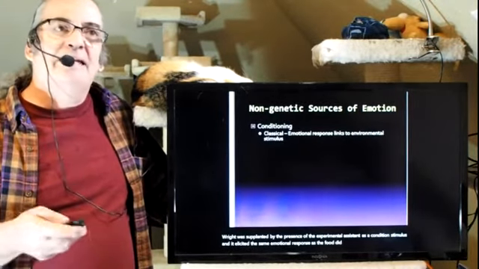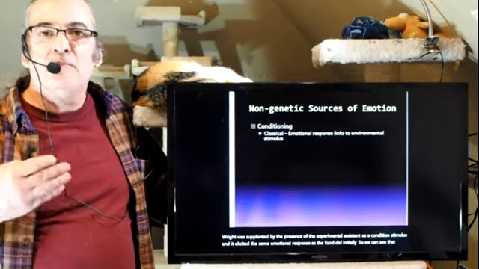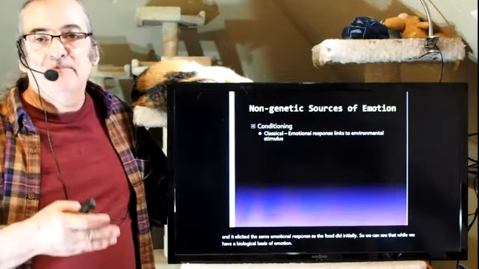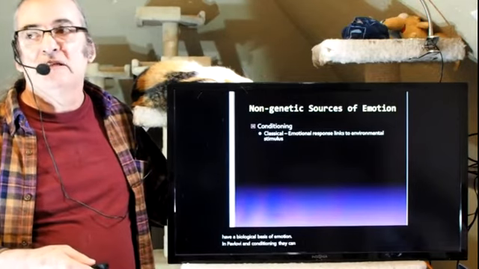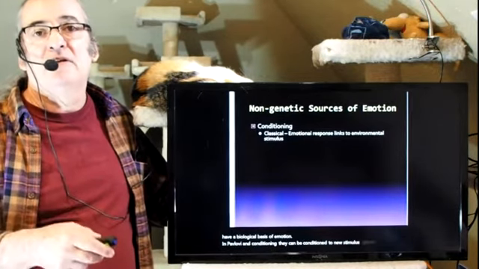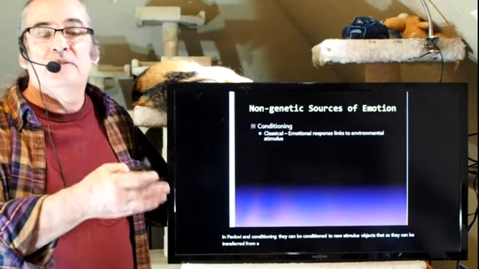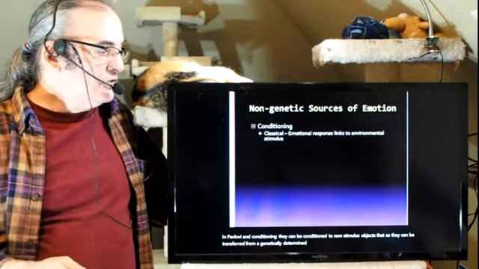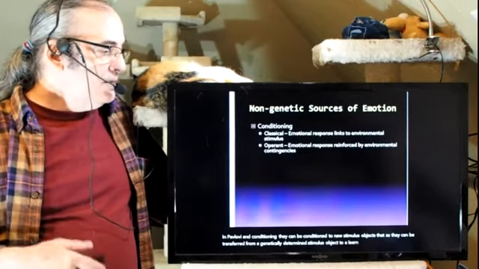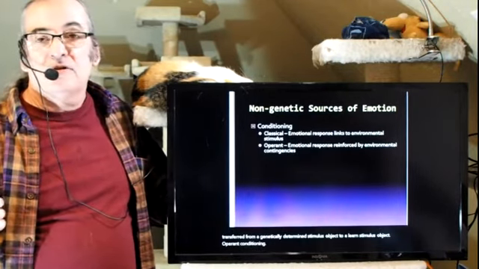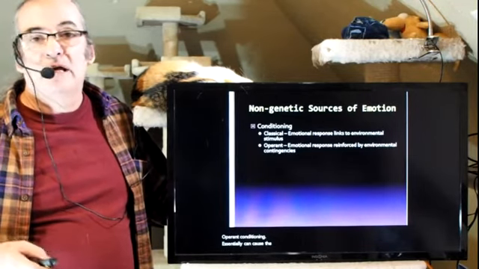So we can see that while we have a biological basis of emotion, in Pavlovian conditioning, they can be conditioned to new stimulus objects. That is, they can be transferred from a genetically determined stimulus object to a learned stimulus object. Operant conditioning essentially can cause the same transference, but it's a history of rewards and punishments.